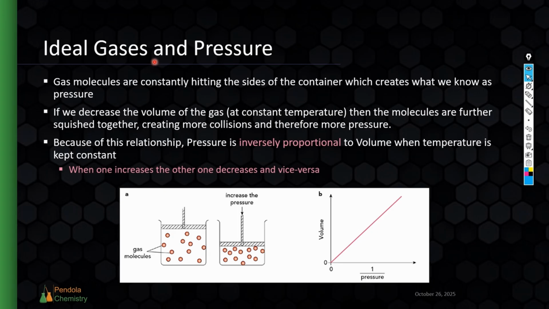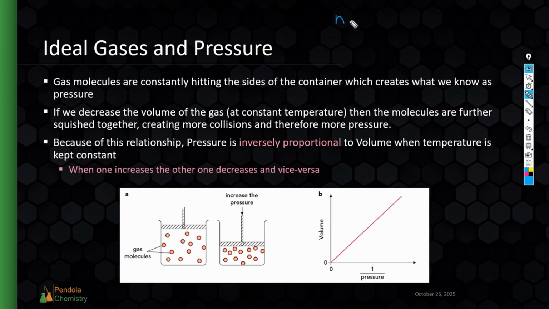So, for example, we can look at the pressure relationship of an ideal gas to its volume. Whenever we look at the relationship between two different properties, in this case volume and pressure for an ideal gas, we are assuming that all other properties stay constant. So temperature and number of moles remain constant.